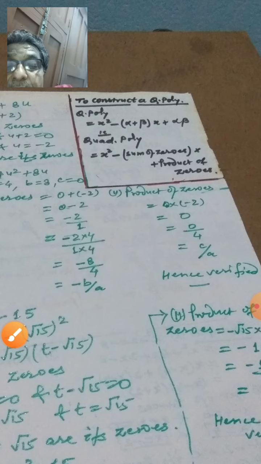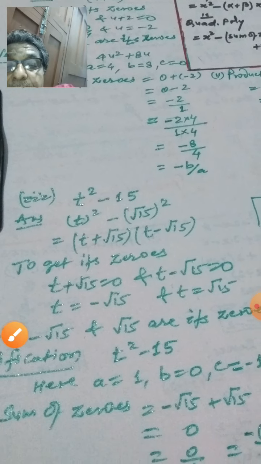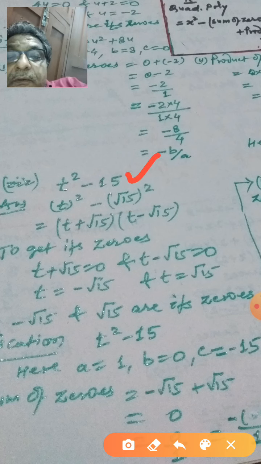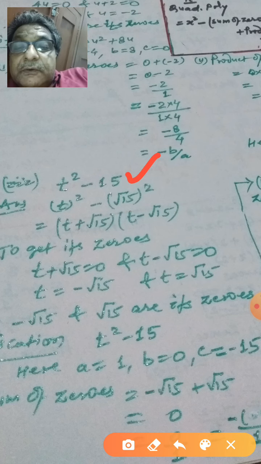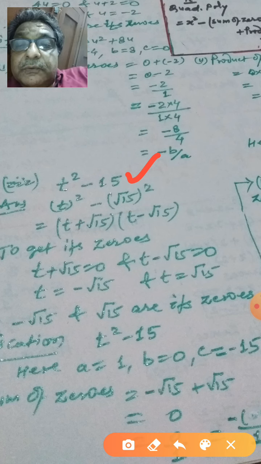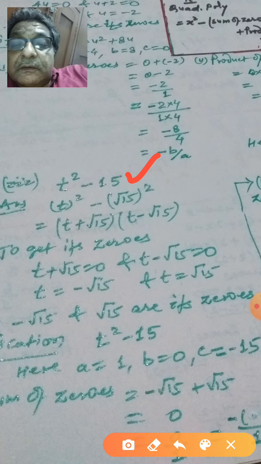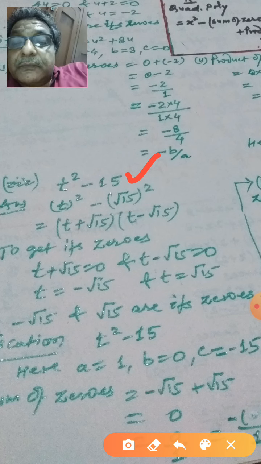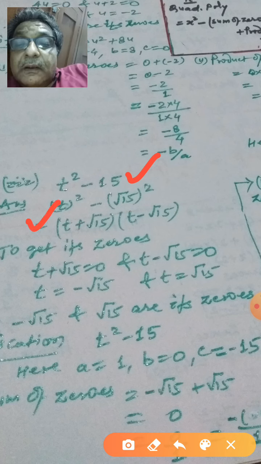Now we take the third example from the NCERT book, that is t square minus 15 as the given polynomial. It has degree 2, so it will also have two zeros. To find zeros, first we have to factorize, and this question is based on an identity, so we use the identity a square minus b square. Writing it in the form of t square, and for 15 it is root 15 square.